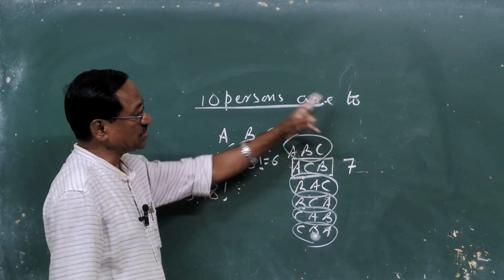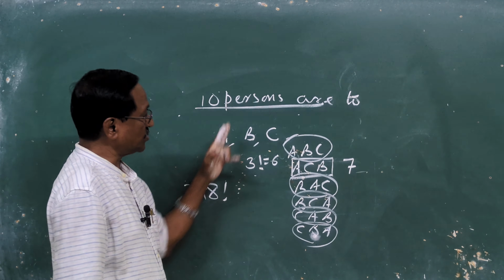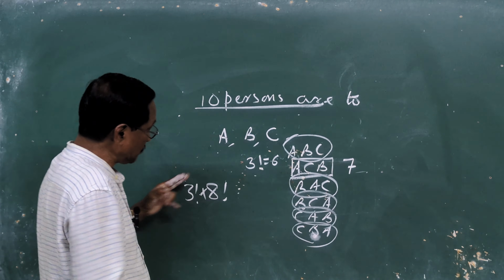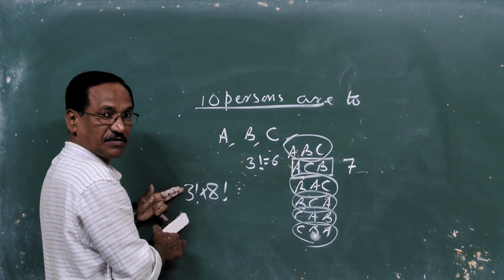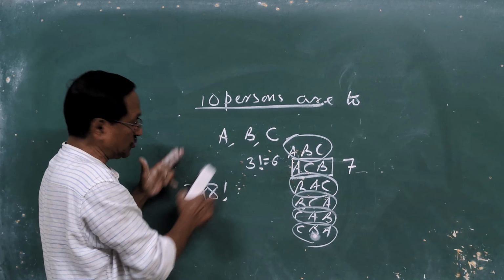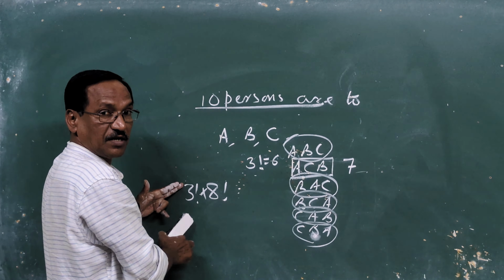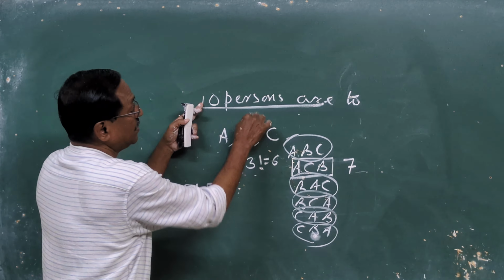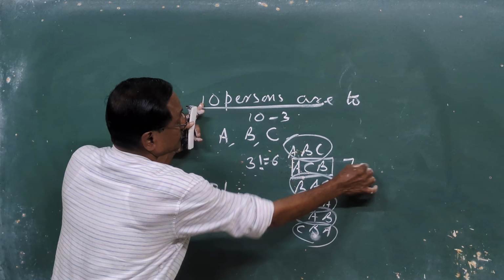So, when 10 persons are to be arranged in a row with 3 persons always together, first we write 3 factorial, the factorial of the number of persons always to be together. Then we take 10 minus 3, which is 7.